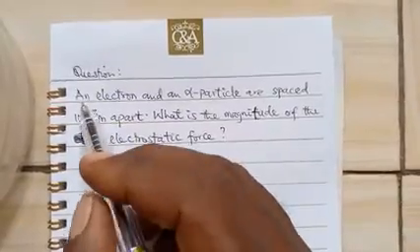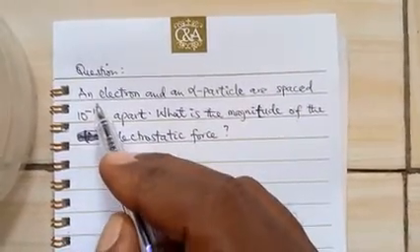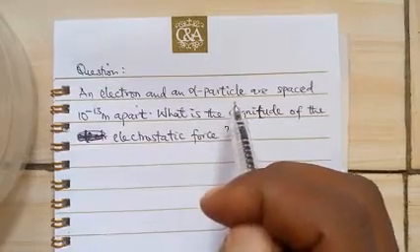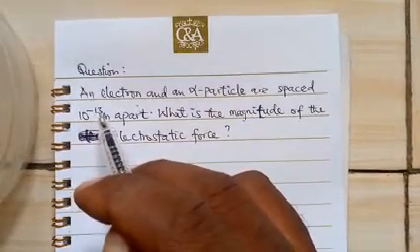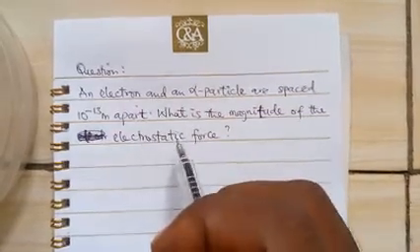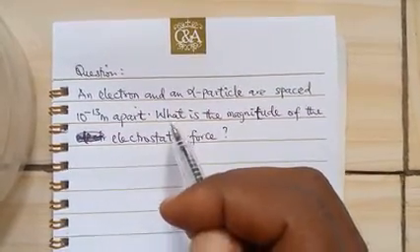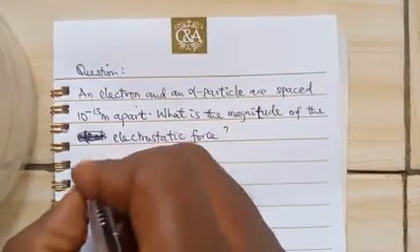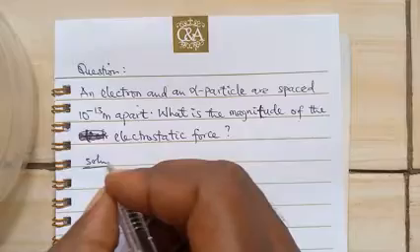So another question we can look at is: an electron and an alpha particle are spaced 10 raised to power minus 13 meters apart. What is the magnitude of the electrostatic force? Now here, solution.